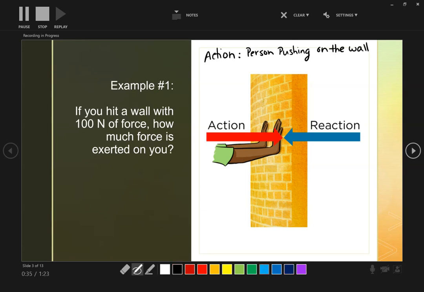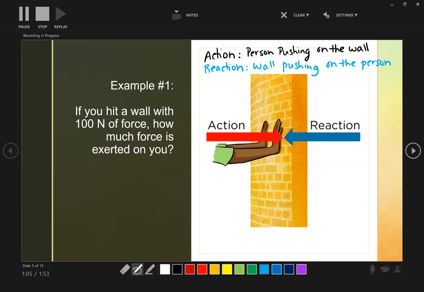What is the reaction force? The reaction is the wall pushing on the person. So again, remember that forces come in pairs. So we have two forces here. The person pushing on the wall and the wall pushing on the person combine to make the force pair.